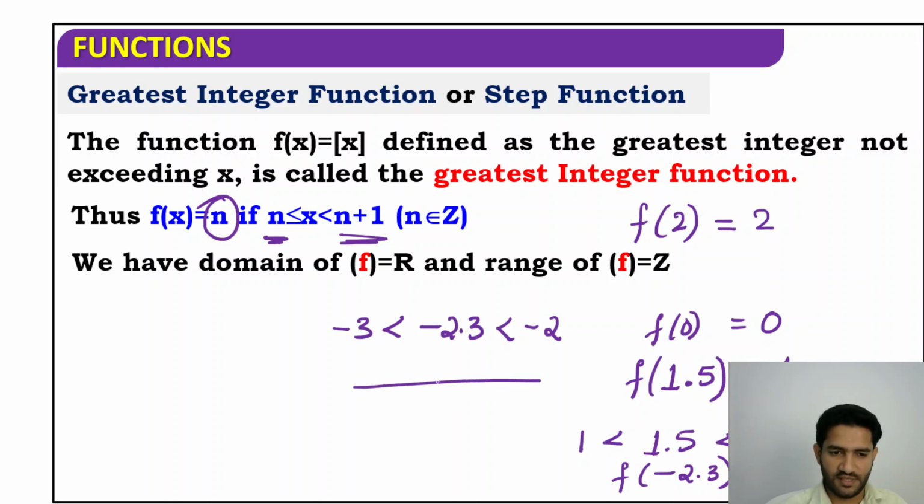If you draw the real number line, here we have negative 2, here we have negative 3, here we have negative 1. So in between minus 2 and minus 3 we find minus 2.3. So f of minus 2.3 is the smaller number, minus 3. That's the difference if you are considering the negative parts. It is not minus 2. f of minus 2.3 is minus 3.